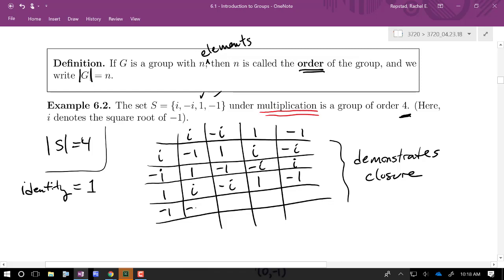And then the bottom one would be -i, +i, -1, 1. If I were looking for the inverse element of i, which we'll denote as i to the -1, I'm looking for what I multiply by i to get 1, and how is that really easy to determine from the table we filled out?